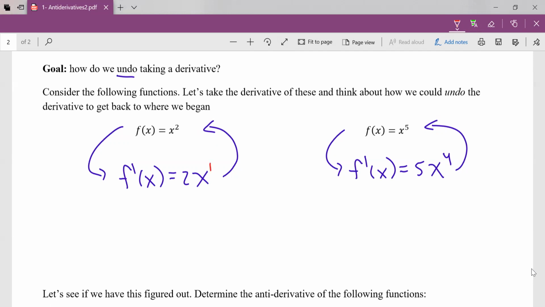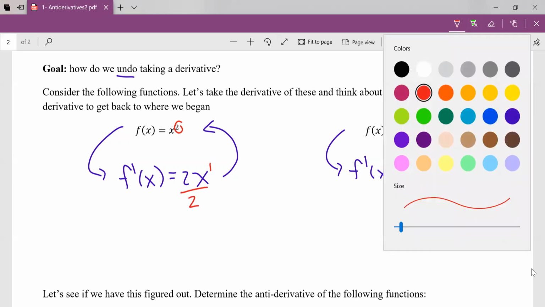So 1 plus 1 is 2, 4 plus 1 is 5, right? So add 1 to the exponent. And then instead of multiplying by the coefficient, we're going to divide by that new power. And that's going to get us back to where we were.